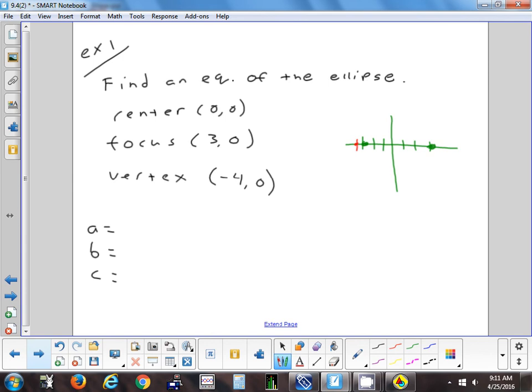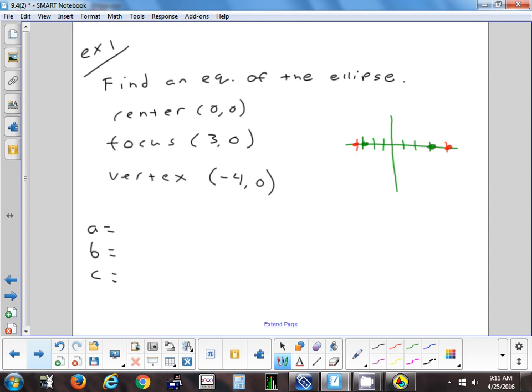I put that here. And we also have a vertex at +4, 0. Those are going to be the endpoints of my ellipse, those two dots in red. The major axis goes right through all those dots. So is that horizontal or vertical? Horizontal. That means we have to put the bigger number under x. If we want it to come out horizontal, put the bigger number under x.